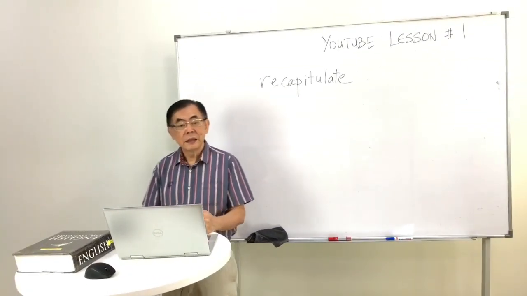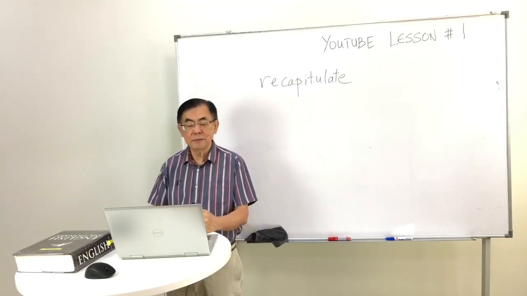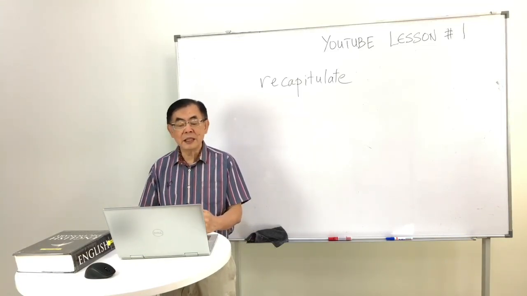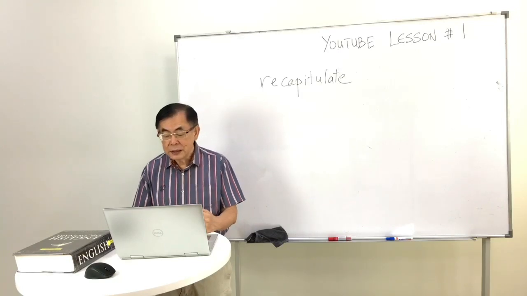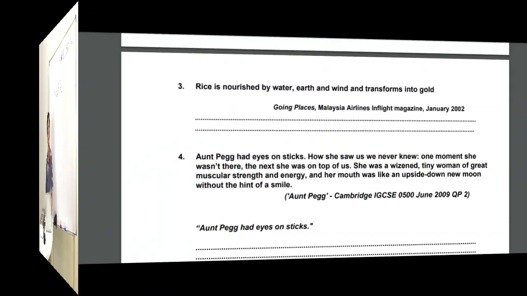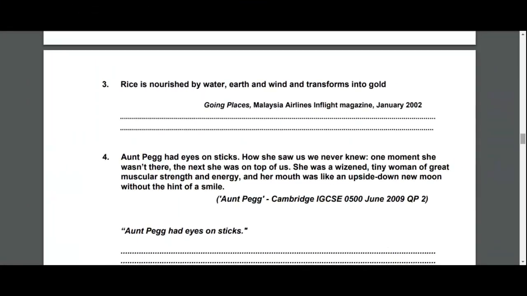Then the third question, rice is nourished by water, earth and wind, and transforms into gold. Explain again the metaphor here. And how has the writer sought to bring out the importance of rice through the use of this metaphor?